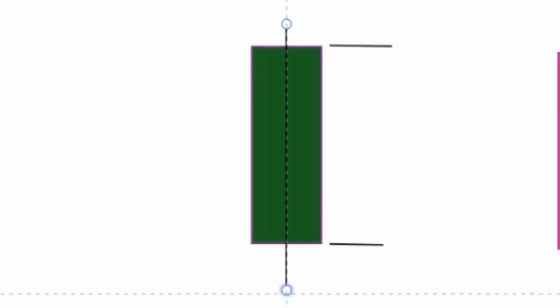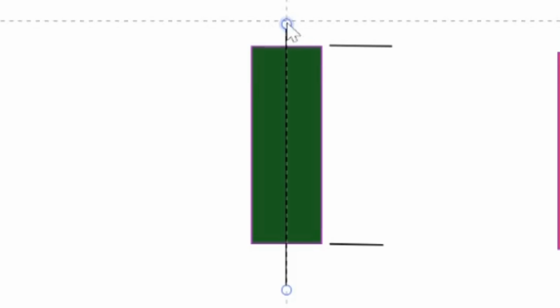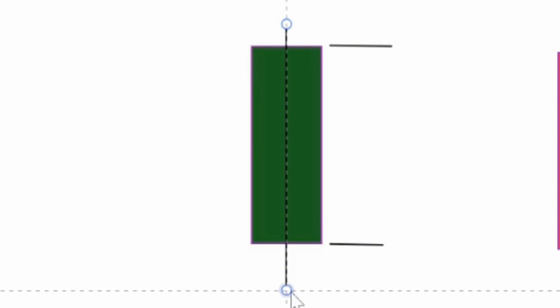Okay, the high is the highest point that price went to within that period of time. So we are on a 1 hour time frame. So I'm only saying the highest price that the market went to within this hour. This one here says the lowest price that price went to.